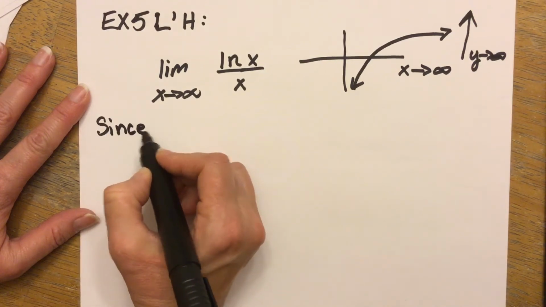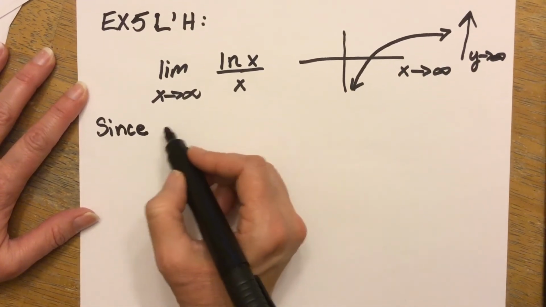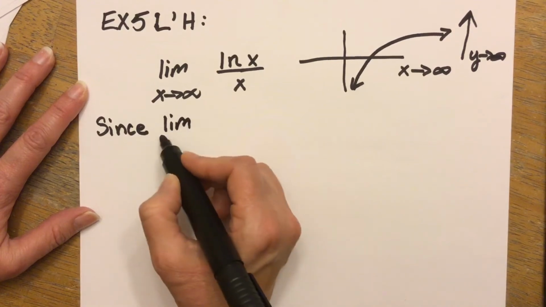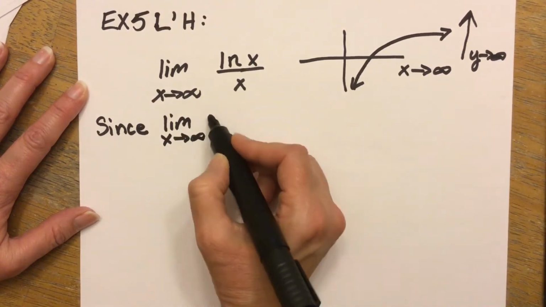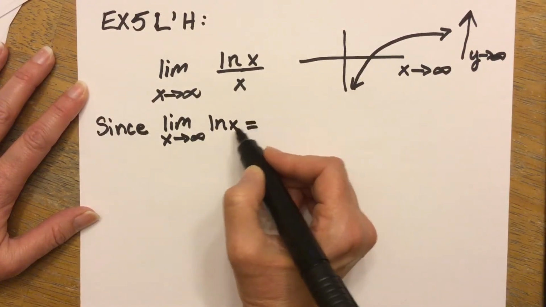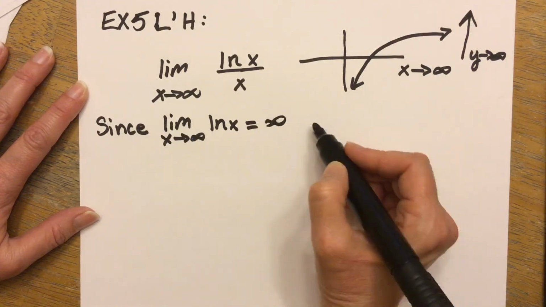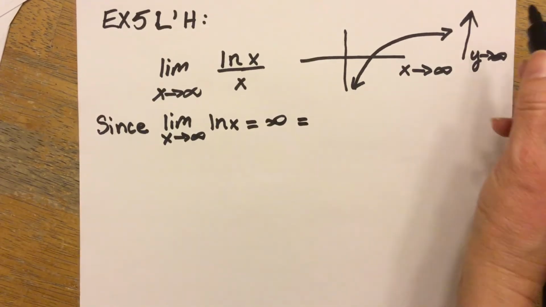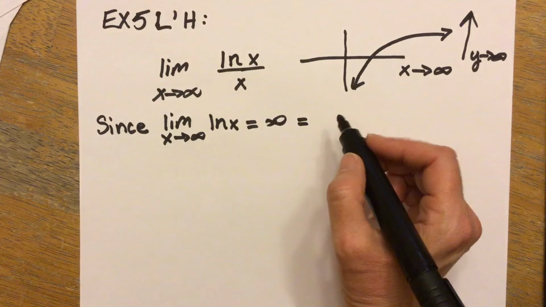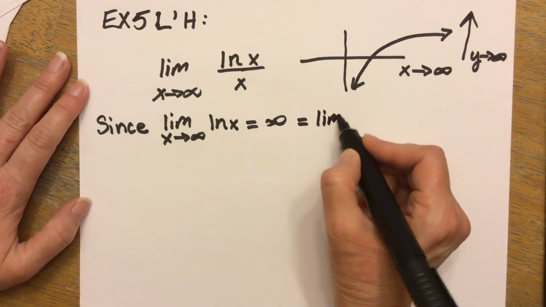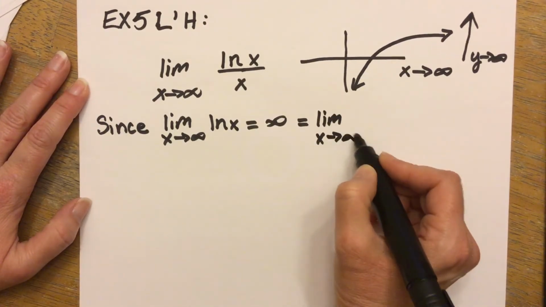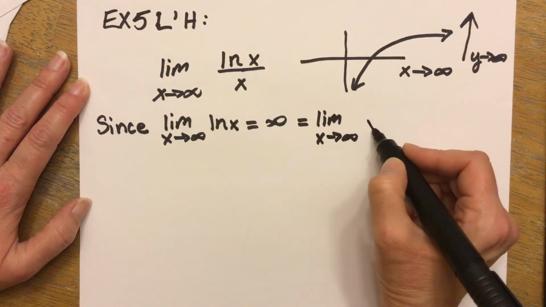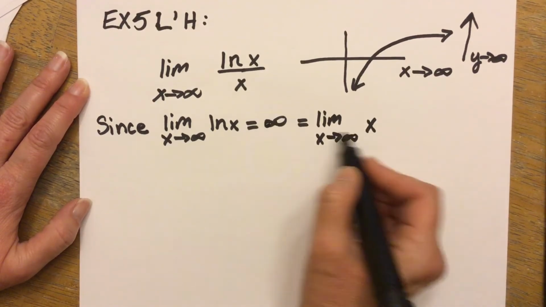Since we want to apply L'Hopital's, we can never just say infinity over infinity, so we're going to look at these two limits. Natural log of infinity is infinity, so as x gets bigger and bigger, y is also, just very slowly. And the limit of our bottom as x is approaching infinity also equals infinity.